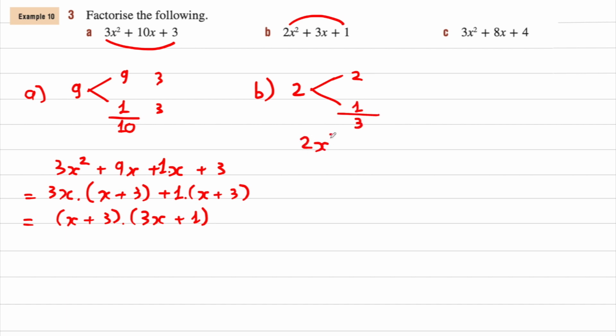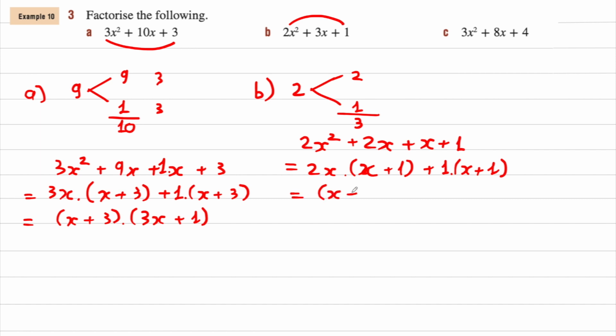That's why I will write 3x as 2x plus x, plus 1, like here. Take 2x outside, this one will be x plus 1, and the next one is x plus 1 here. So you will have x plus 1 multiplied with 2x plus 1. Yeah, we finish question B.